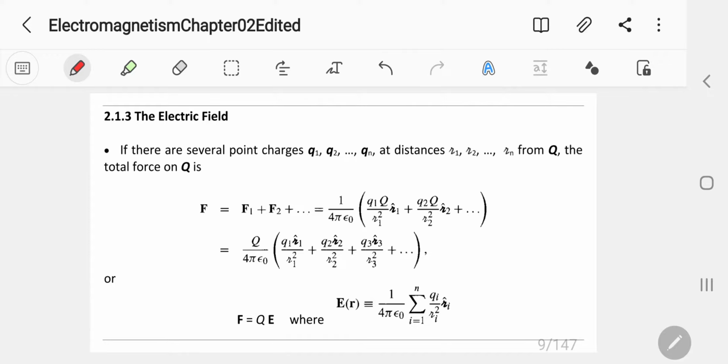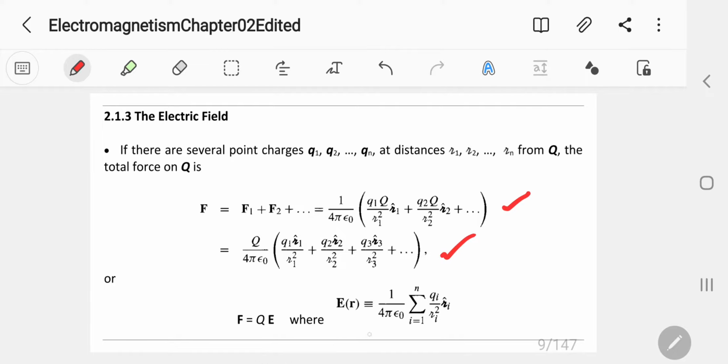So if there are several point charges, Q1, Q2, and so on, at distances scripted R1, scripted R2, and so on, from Q, the total force on Q would be this one, and then you can factor out capital Q over 4 pi epsilon, and then you have some terms left inside the parenthesis, and we define our electric field to be just the vector multiplied by the test charge.